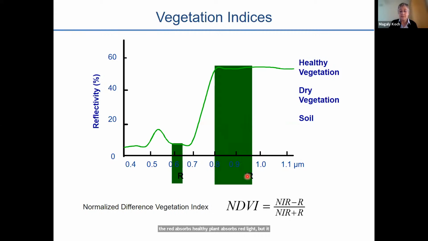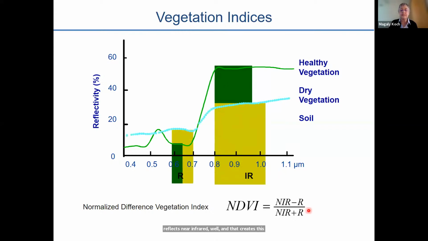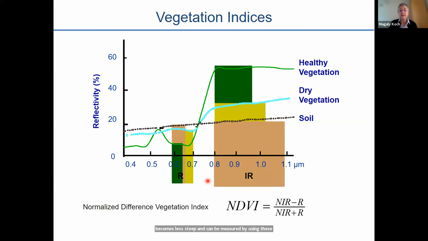And that creates this slope here, very steep, for healthy vegetation. When the vegetation starts to dry, decay, that slope becomes less steep and can be measured by using these 2 spectral bands. And when it's completely dead and you see basically only soil, then you get a very flat line.